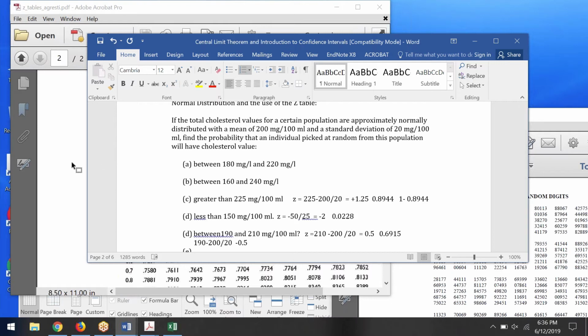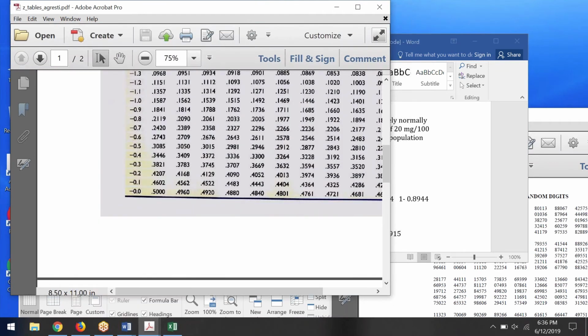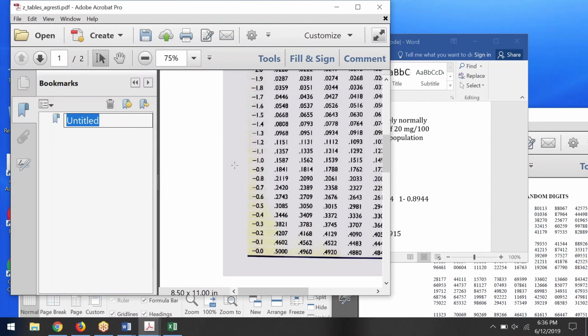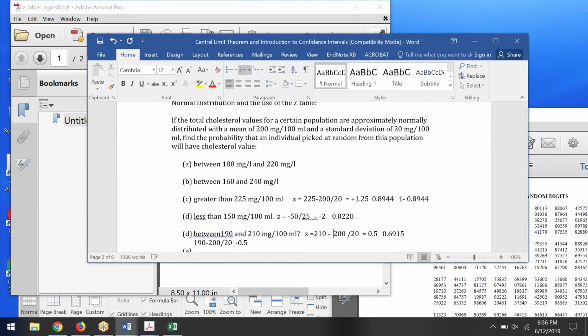Well, I'm going to go back here and look for minus 0.5. Minus 0.5 is 30.85, 0.3085.